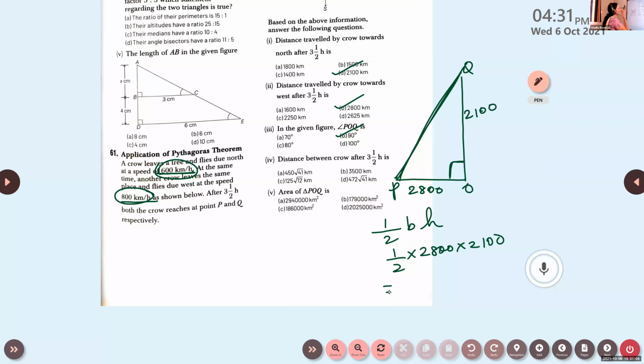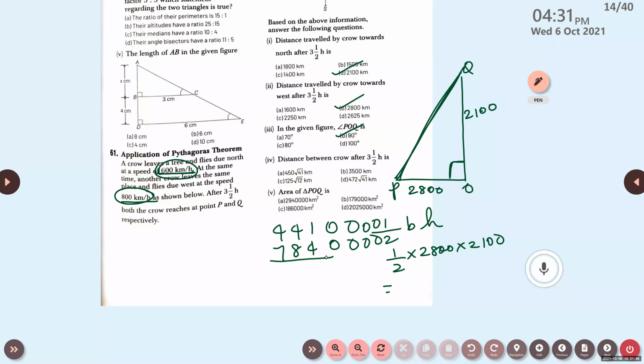Give the answer for the fourth one. 21 square is 441, and 28 square is 784.